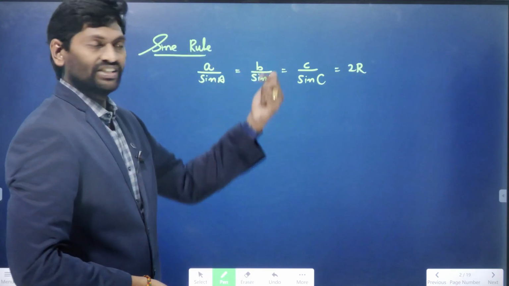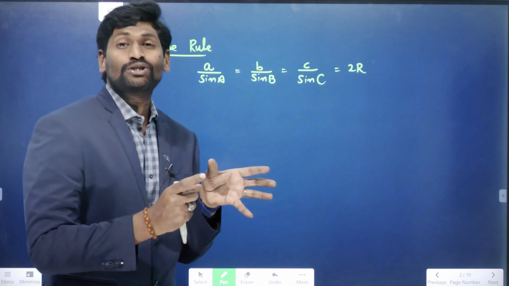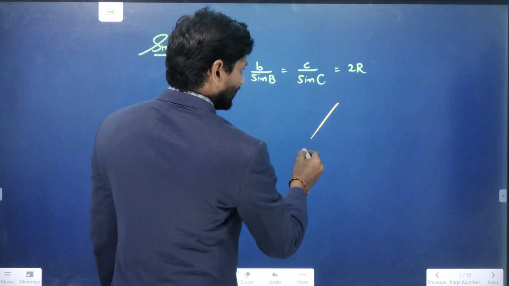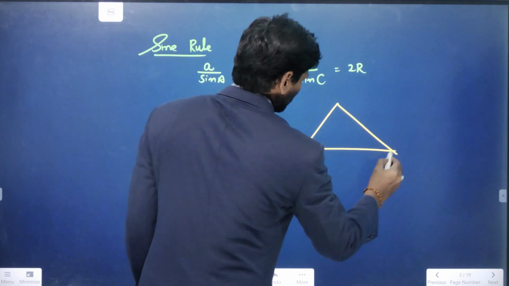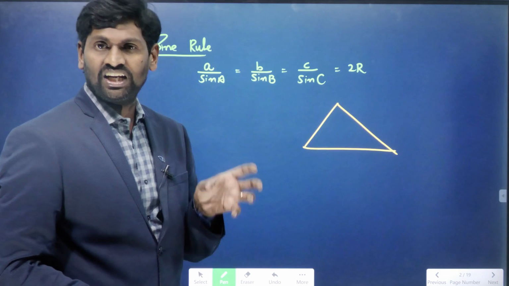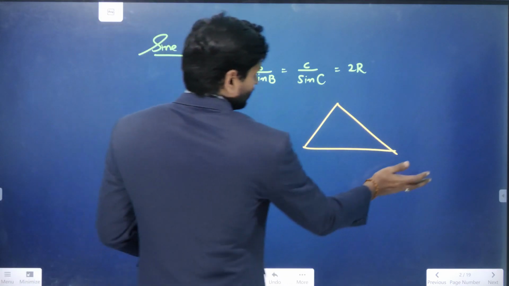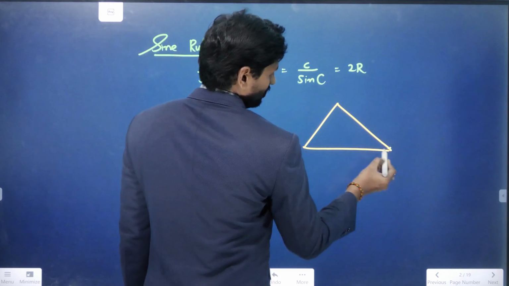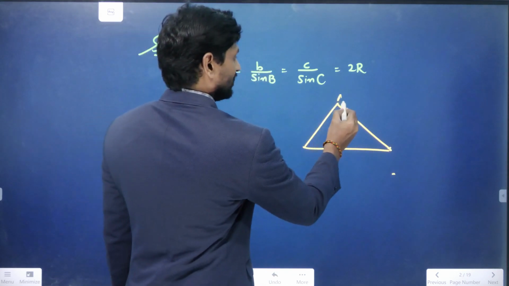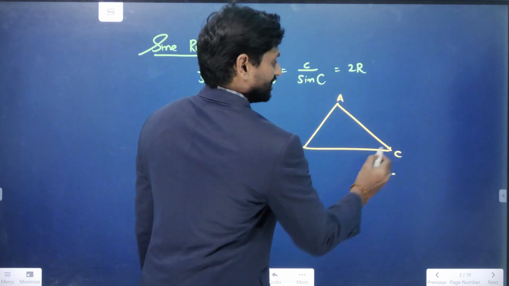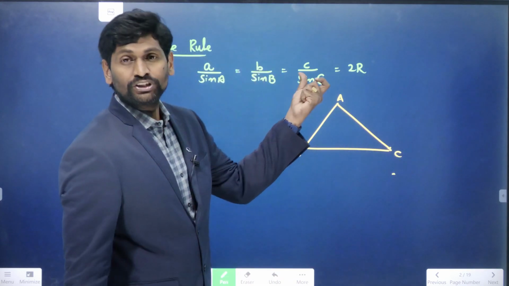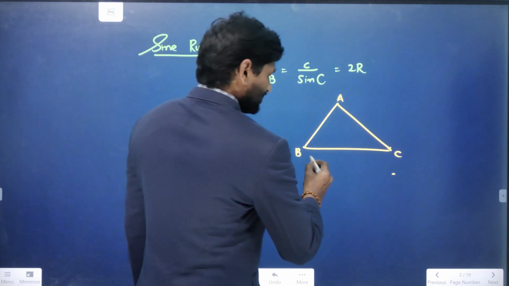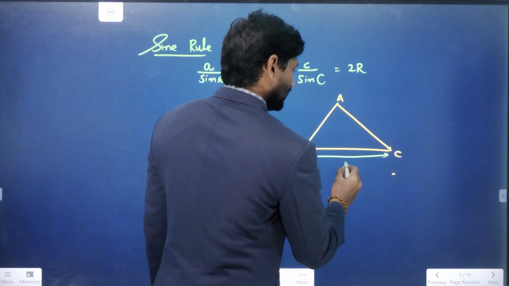And what are a, b, c? They are the lengths of the sides of a triangle. For example, if you take a triangle like this, it can be any triangle: acute angle triangle, right angle triangle, or obtuse angle triangle. Each triangle has 3 sides, right? Now I am taking the triangle ABC, capital A, capital B, capital C. The side opposite to vertex A is taken as small a.